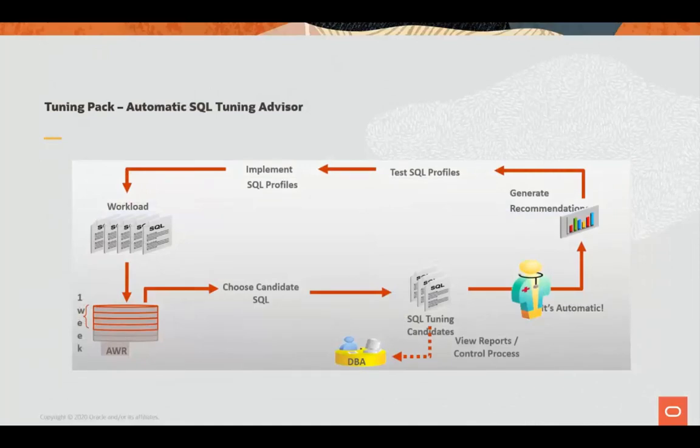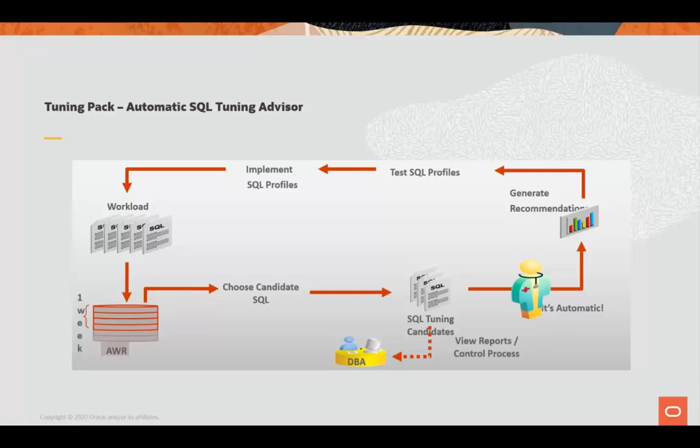We also have the automatic SQL Tuning Advisor. So we saw that using SQL Tuning Advisor, you can manually call the advisor and start analyzing a SQL statement. Well, using the automatic SQL Tuning Advisor, you can configure it to run automatically in your database. So based on the AWR data that it has, it is going to choose a candidate SQL, then it's going to run SQL Tuning Advisor.